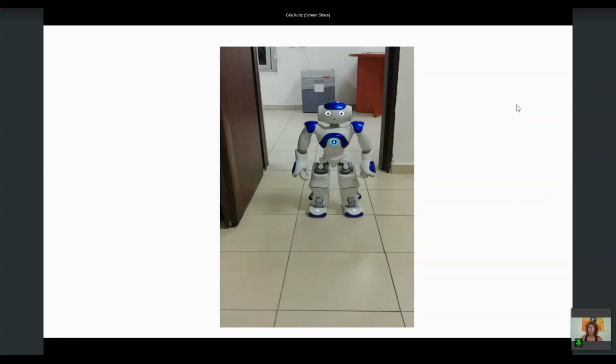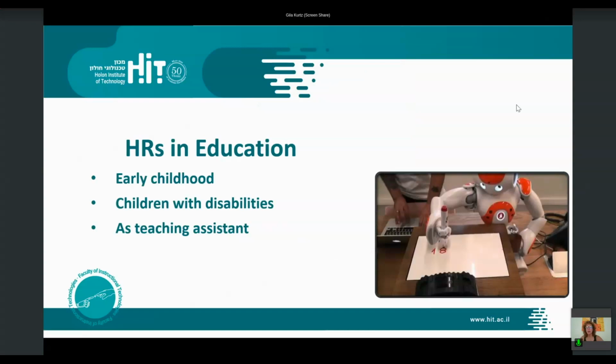From there we decided to think about how to use the NAO humanoid robot within our institution. The research shows a lot of use of humanoid robots in education, especially in early childhood as assistants, and also with children with disabilities. There is a huge body of research about autism.